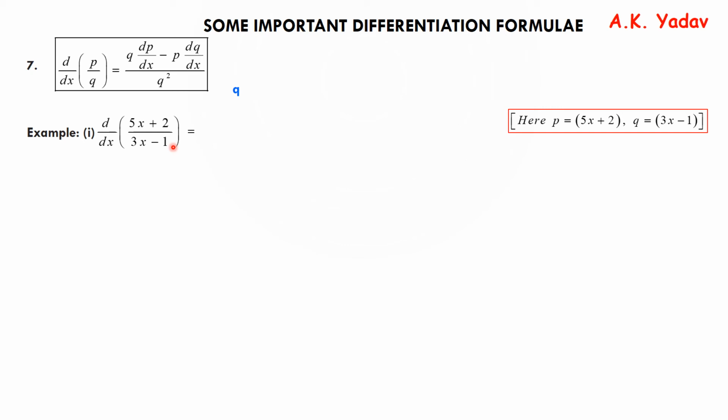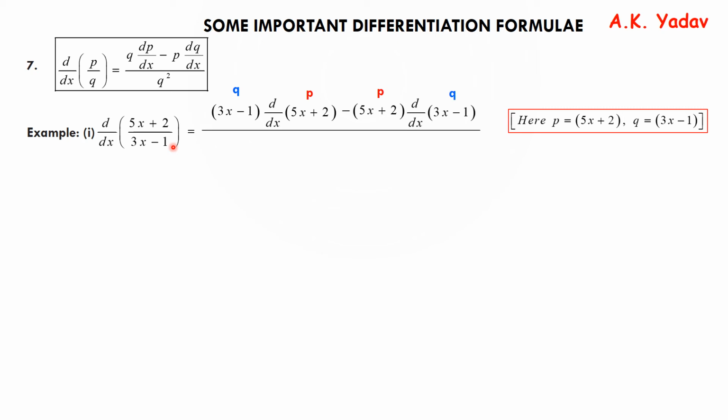So the thing was, first write q, that is 3x minus 1, then differentiate p, that is d by dx of 5x plus 2, then it was minus, and then p remains as such, that is 5x plus 2, and differentiate q, that is d by dx of 3x minus 1, divided by (3x minus 1) whole square.